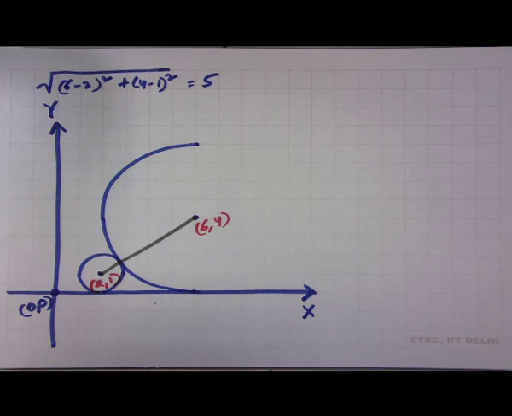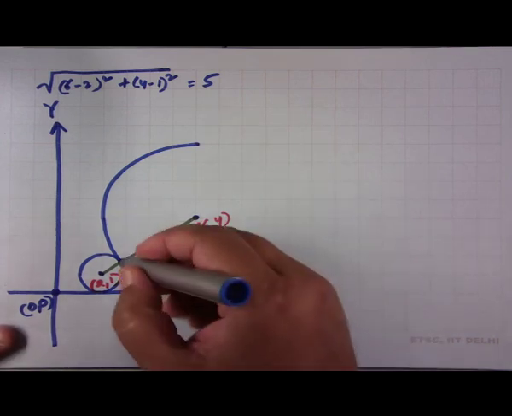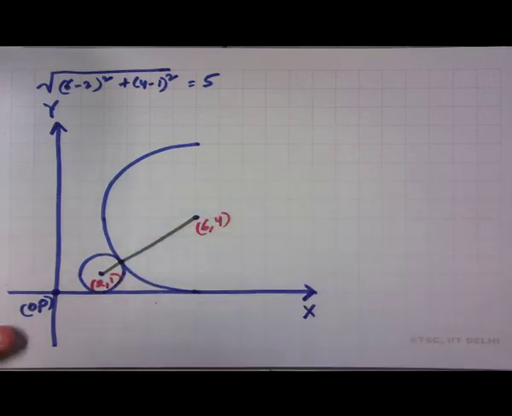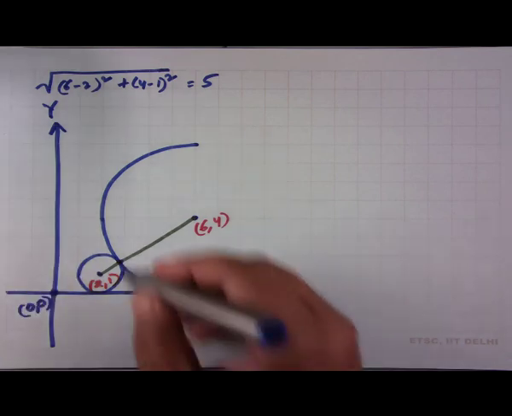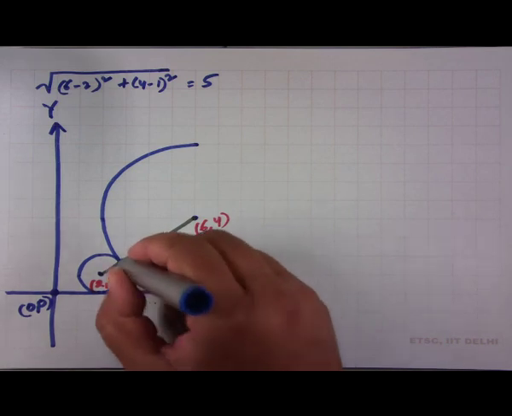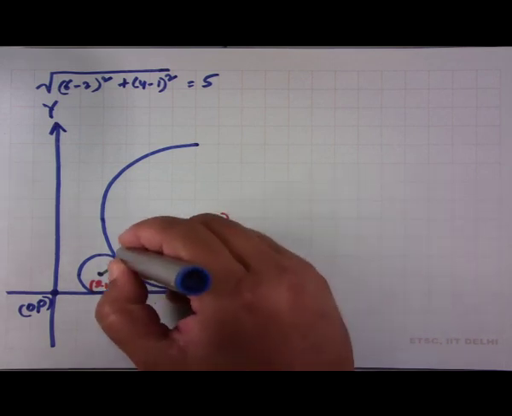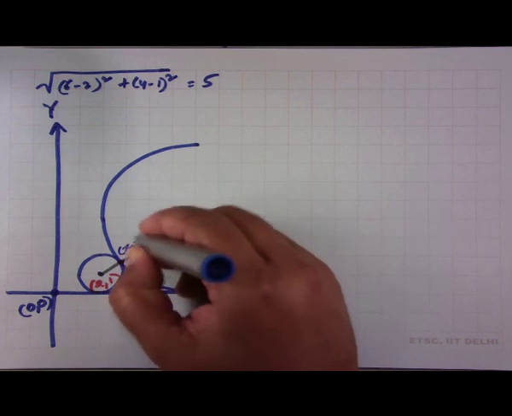So we were asked to find out the coordinates of this point where these two circles touch each other, and that is not very difficult. Suppose the coordinates of this particular point where they intersect is x, y.